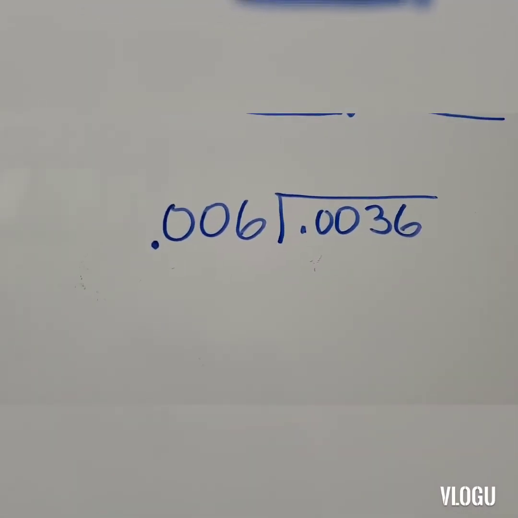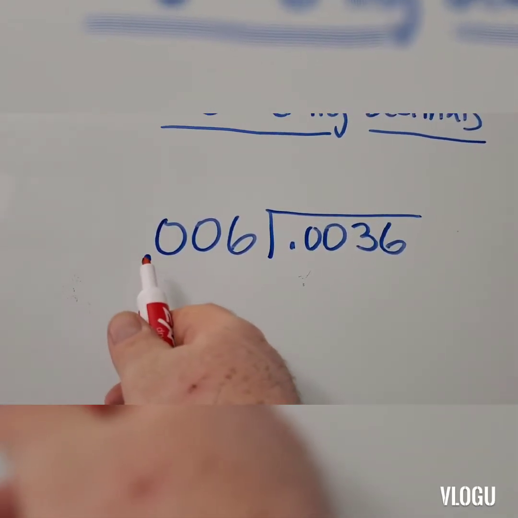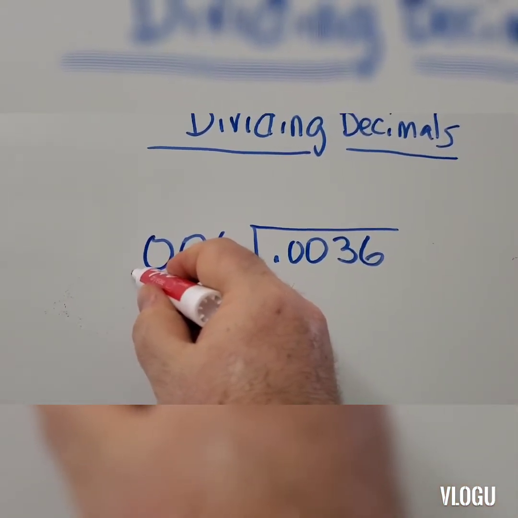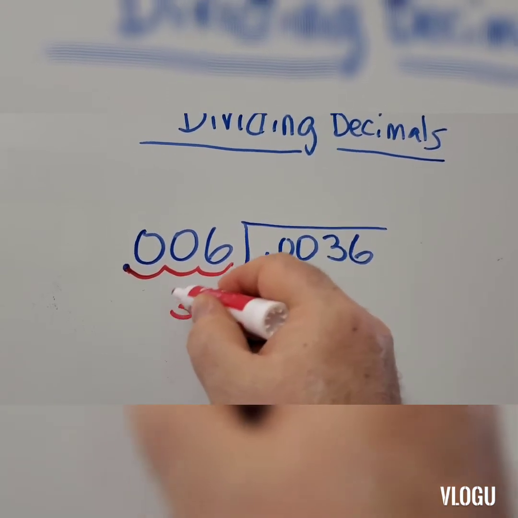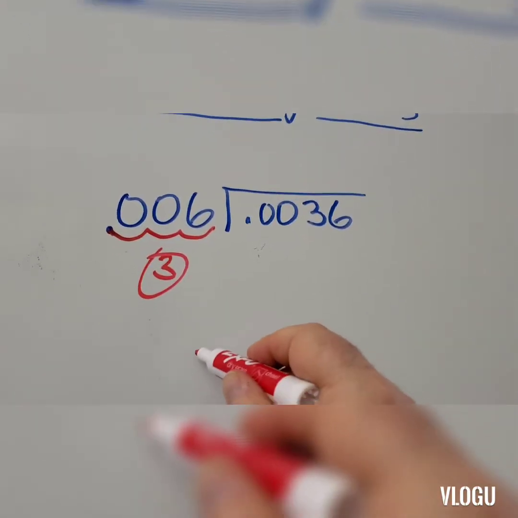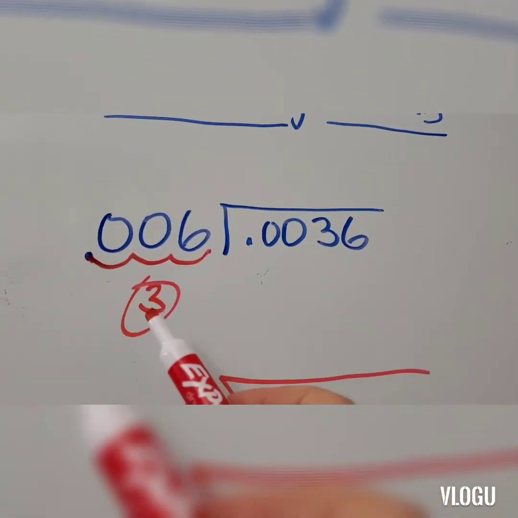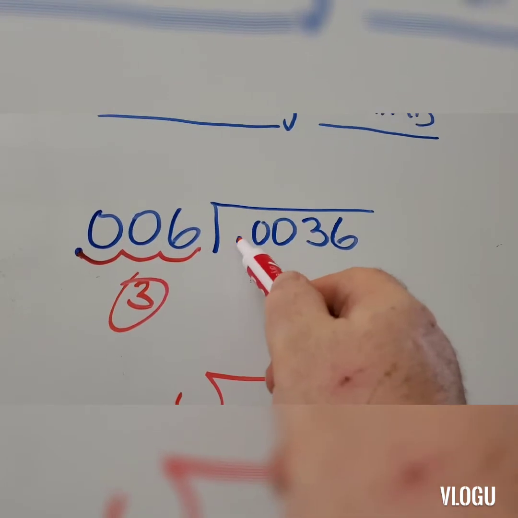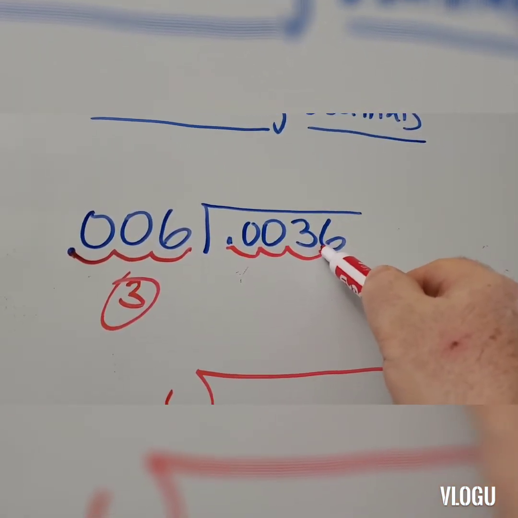Okay, so I want to get rid of the decimals and these zeros over here. So I'm going to dance 1, 2, 3 times to make this a 6. If I dance 3 times over here, I need to identify where is my decimal and dance 1, 2, 3 times over here.